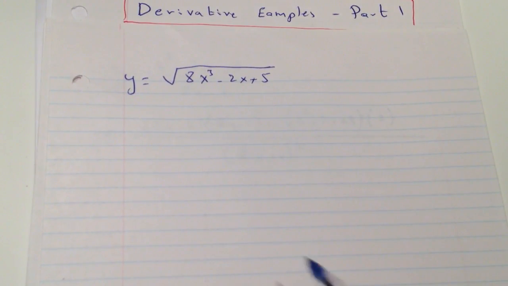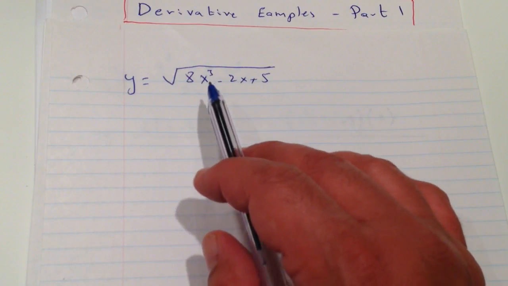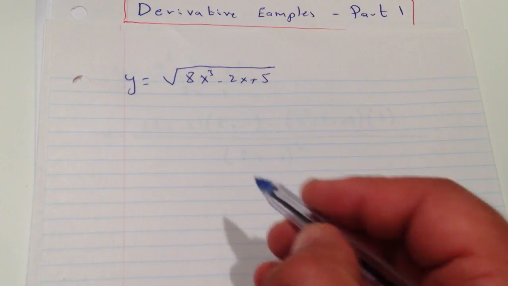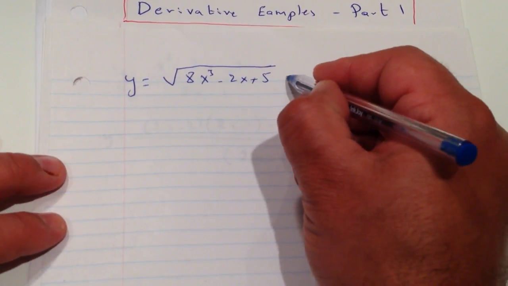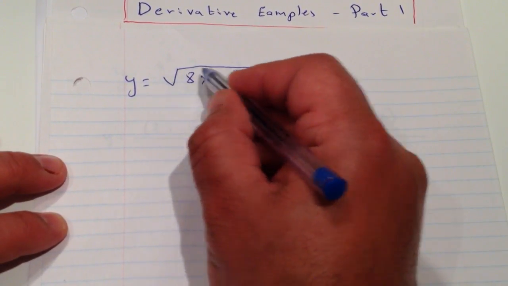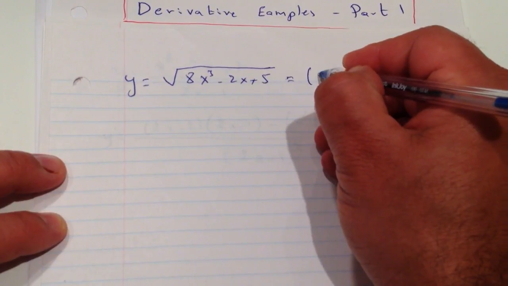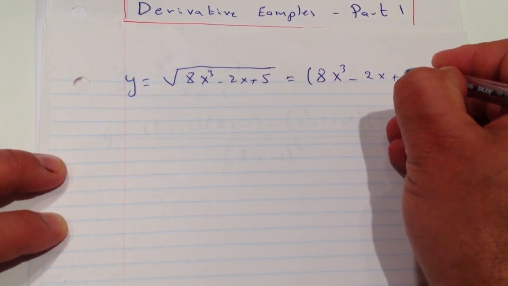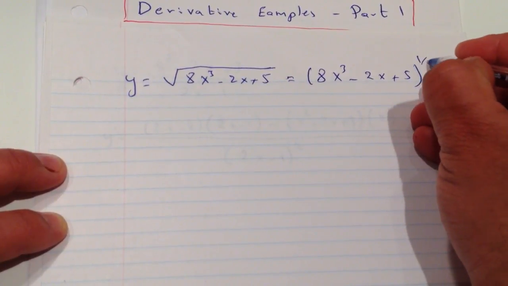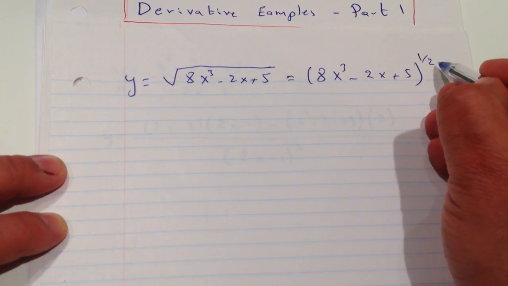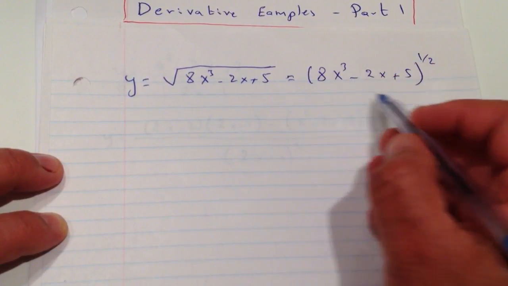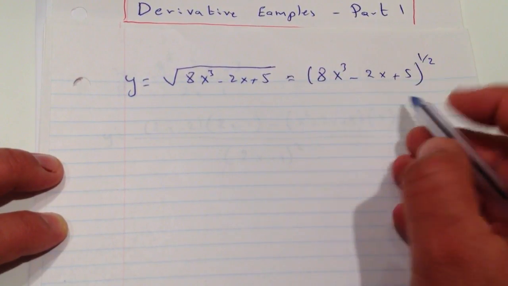Another problem, y equals square root of 8x cubed minus 2x plus 5. Before we solve this problem, I would like to change that square root into a power. So it will be 8x cubed minus 2x plus 5 to power half. Now we can apply the power rule to the outside function.